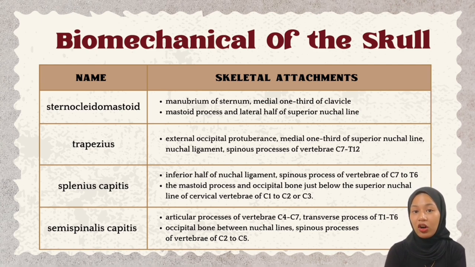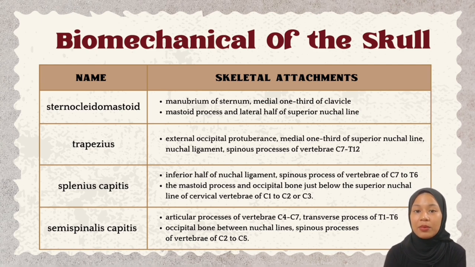Other muscles involved in contraction for the skull are the splenius capitis. The splenius capitis is attached at the inferior half of the nuchal ligament and the spinous processes of vertebrae C7 to T6. Besides, it also attaches to the mastoid process and occipital bone just below the superior nuchal line, and to cervical vertebrae C1 to C2 or C3.